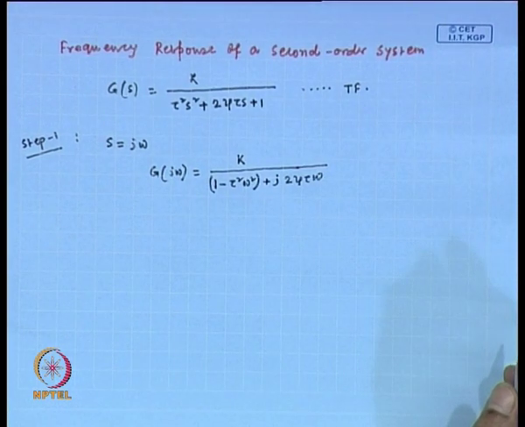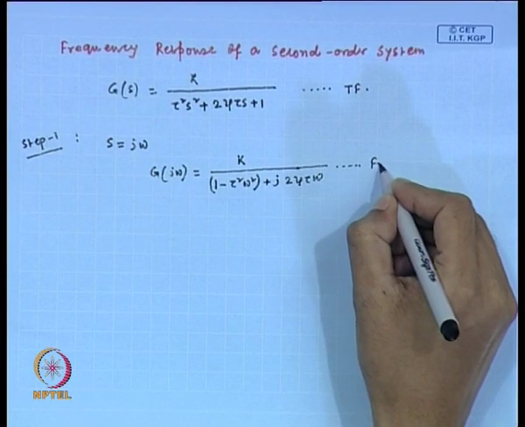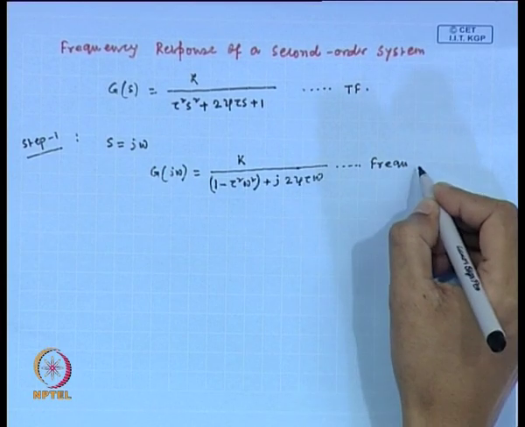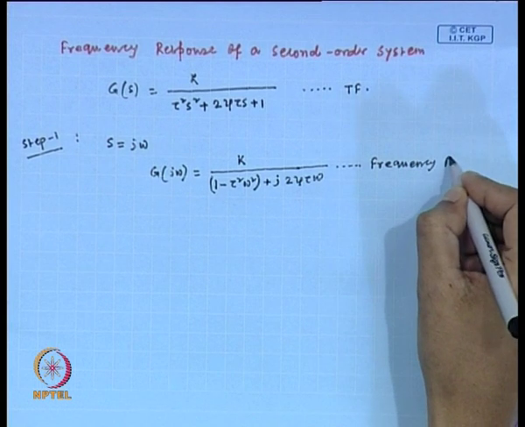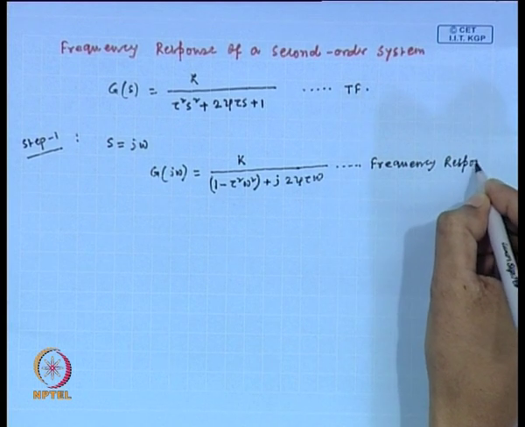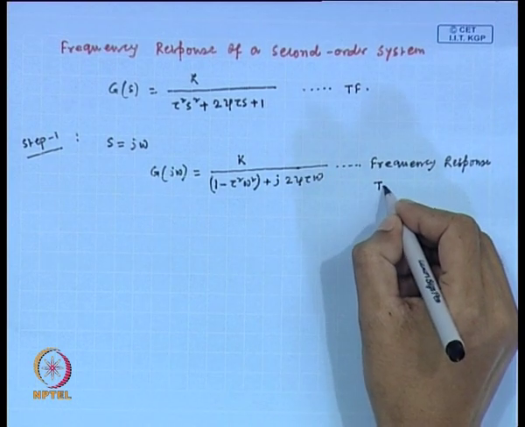If we substitute s equals j omega, we get this form. This is the frequency response transfer function.